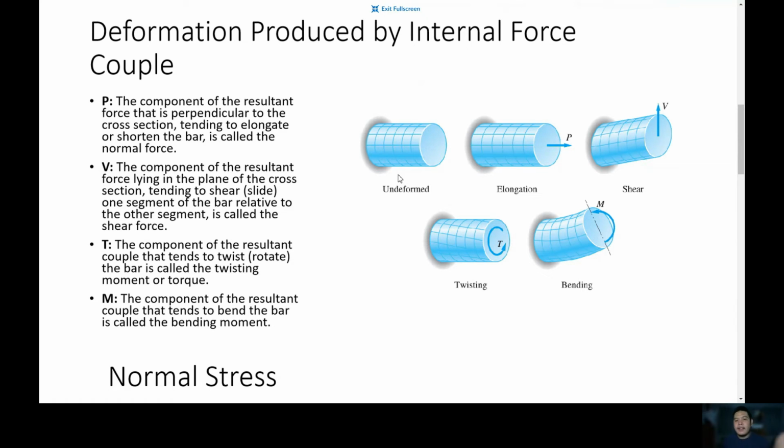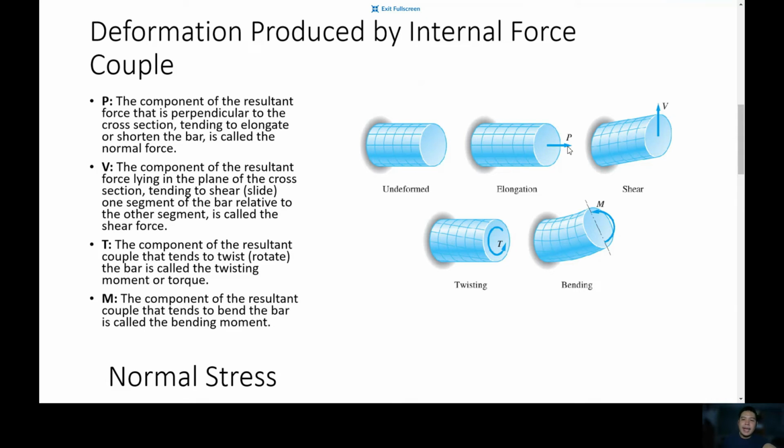Okay, so undeformed, this is the original state of our material, or any bar, or round bar perhaps, or any circular material. So this is the undeformed section.